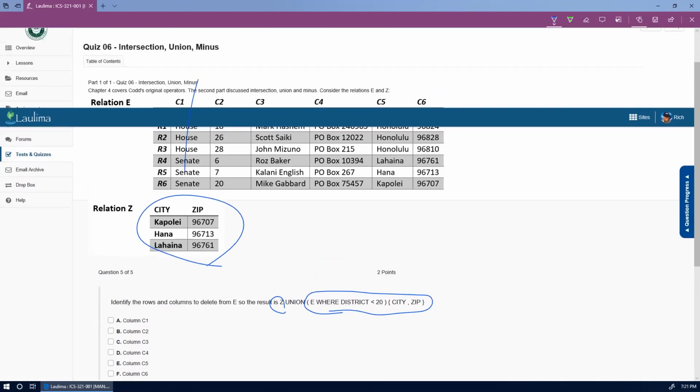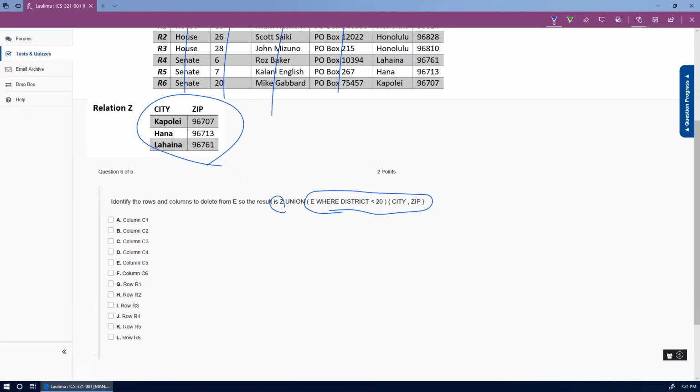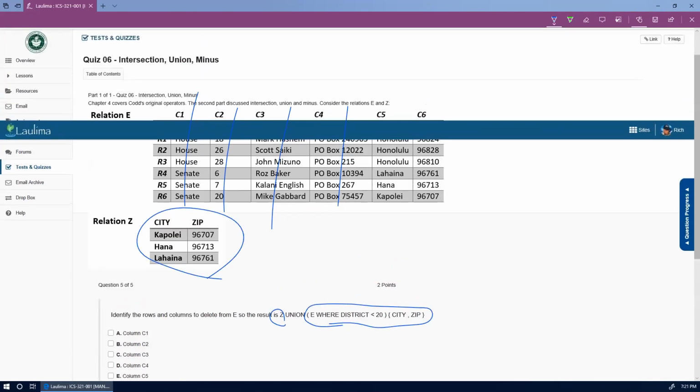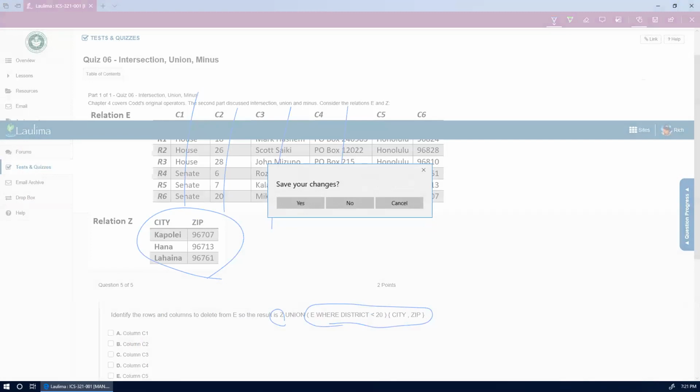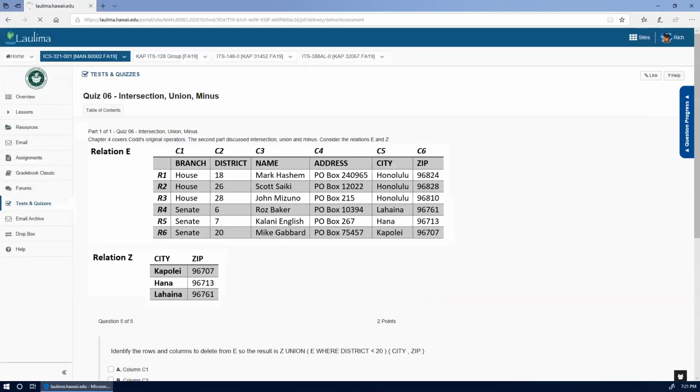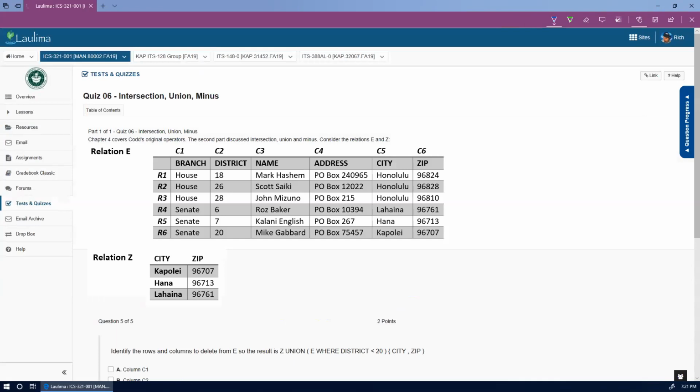So that means we aren't going to have any of these. We're only going to have city zip, and it's E where district is less than 20, and it's union. Let me try this again. All right. We're getting rid of this, this, this, this.